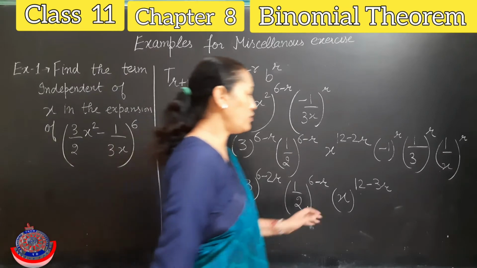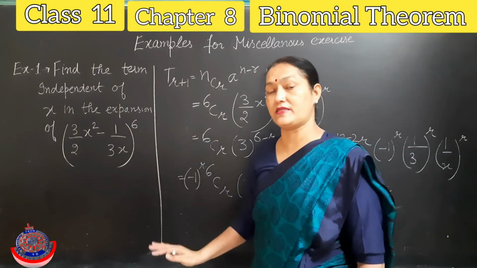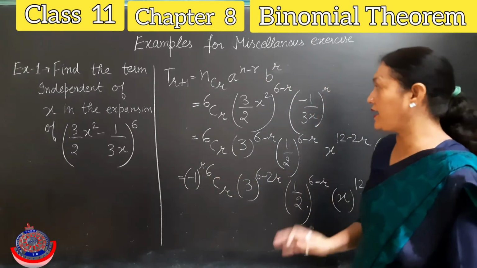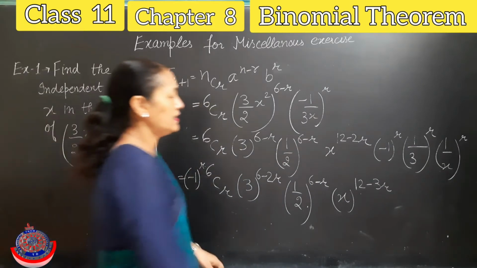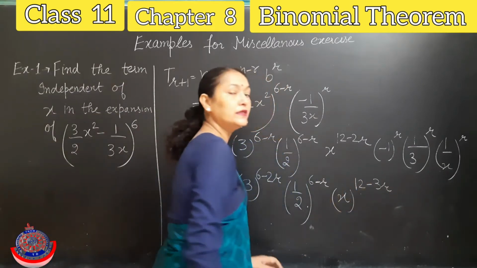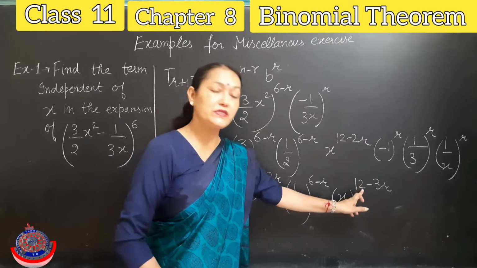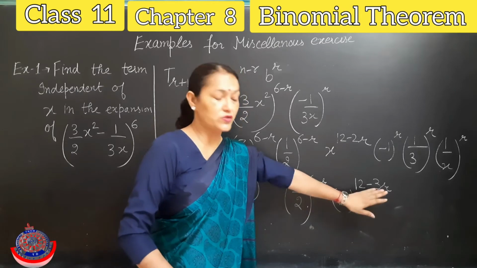Now in the question they are saying our term should be independent of x. So see, this term will be independent of x only when this x is not there, and this x will not be there if its power is 0. Anything raised to power 0 is 1, so this will go.